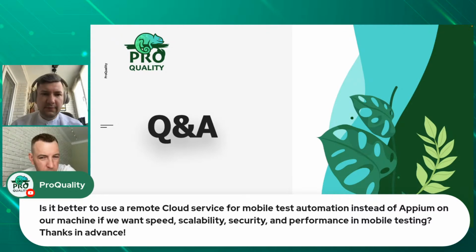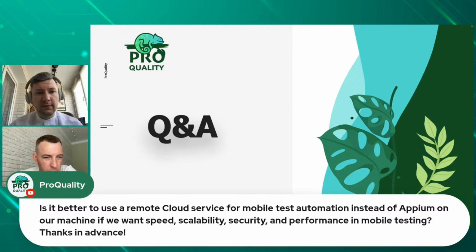But as I mentioned before, the general point is price. So if your project can pay for it, it's better. If you want to run your tests faster, if you want good scalability, like running your tests today on 5-10 devices and tomorrow on one, it's better to use a remote cloud service.